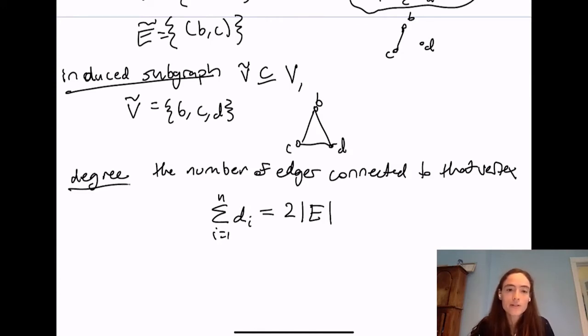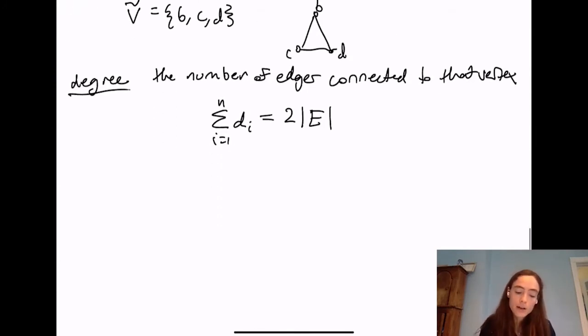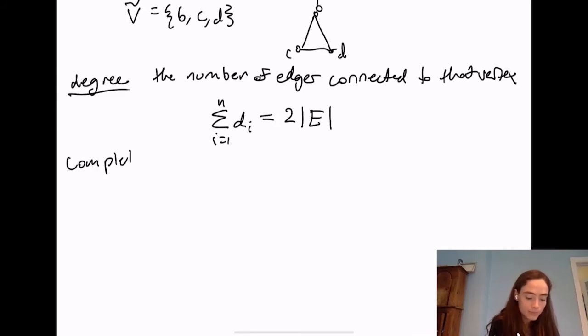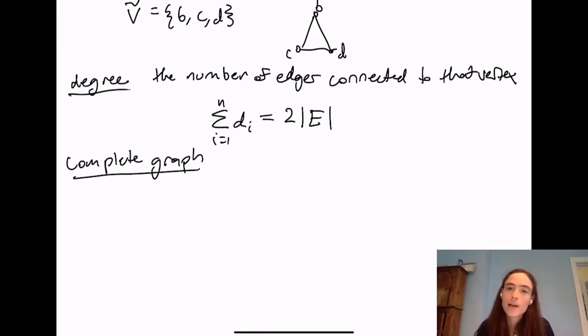So another important concept is a complete graph. A complete graph on n vertices is a graph that contains an edge between every pair of vertices.